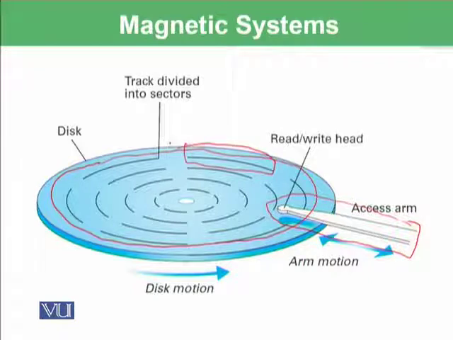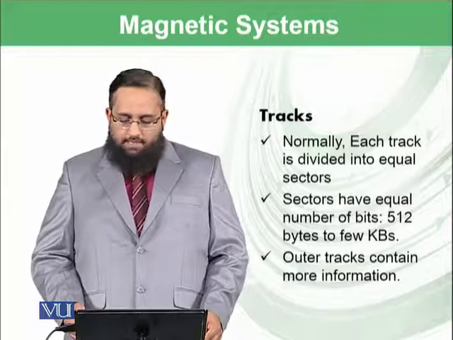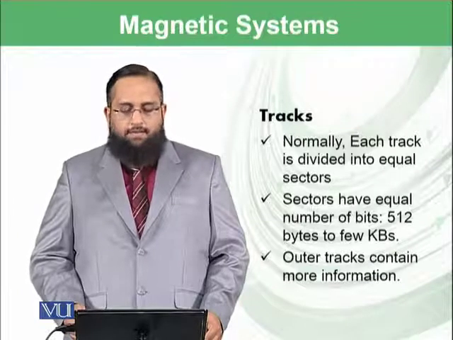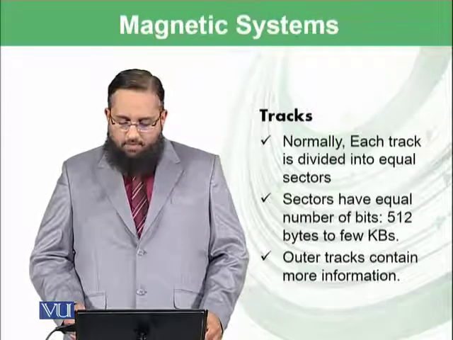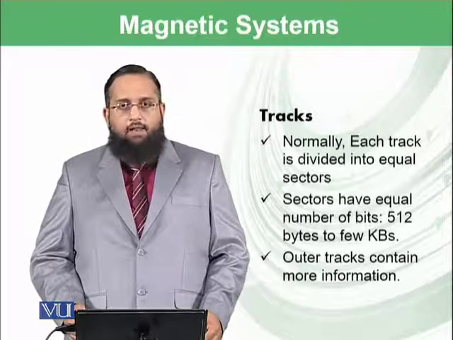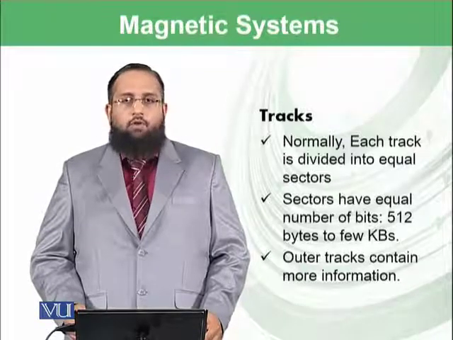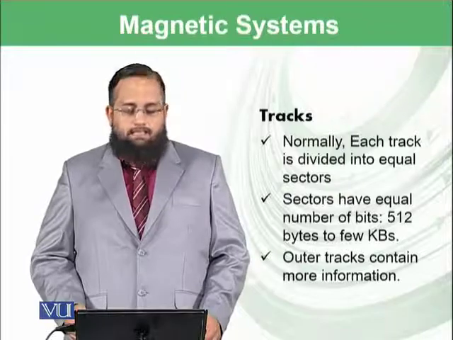So data is read by the access arm, which also has a read-write head available here, and the disk is moving in this direction. Each track is divided into equal sectors, and sectors have an equal number of bits. About 512 bytes to a few kilobytes are contained in each sector.